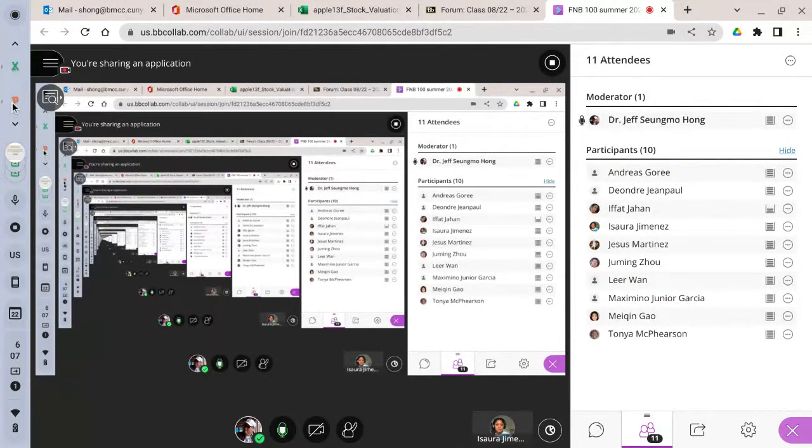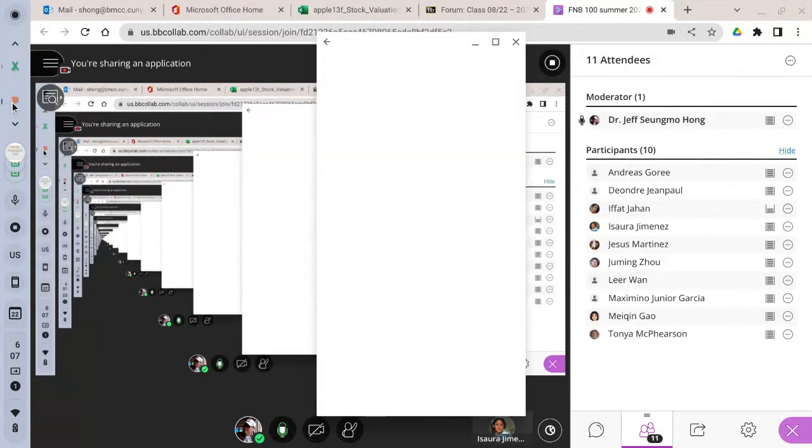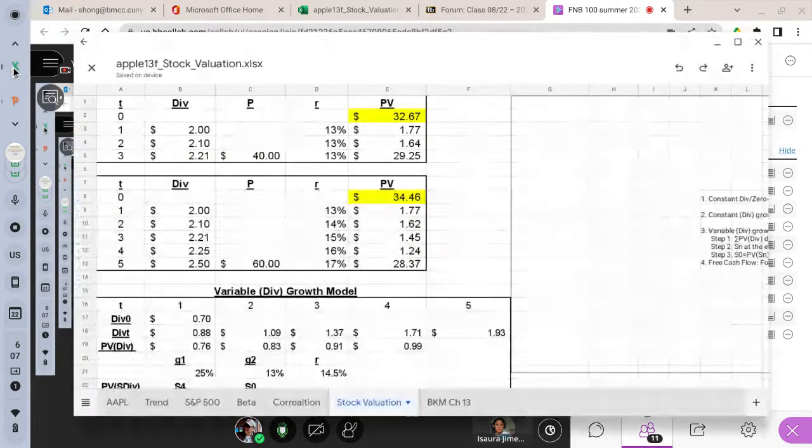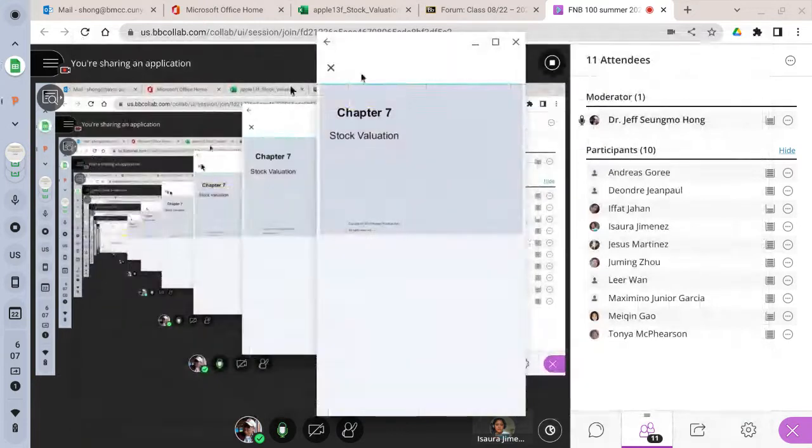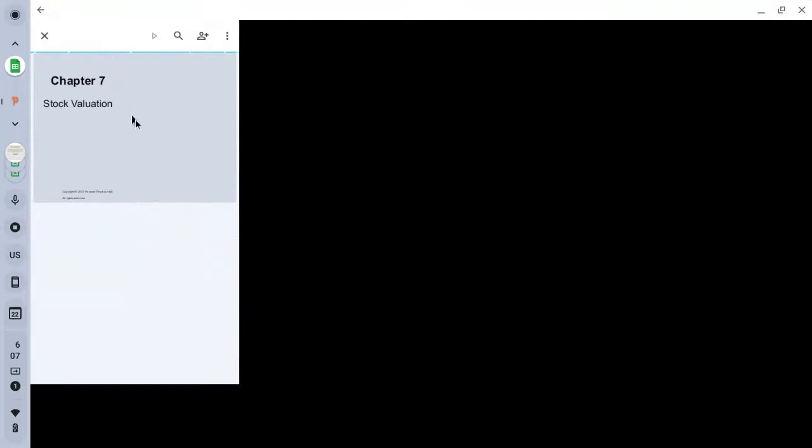Where is this? Okay, this is the slide. And what do I have here? No, wait, it's not opening.